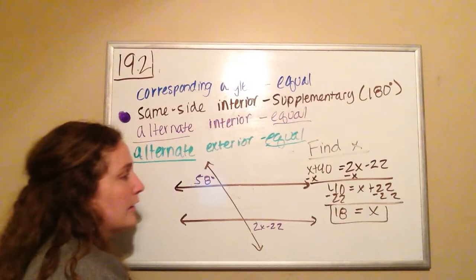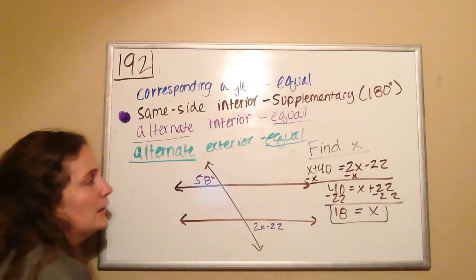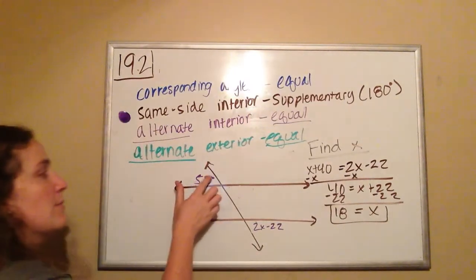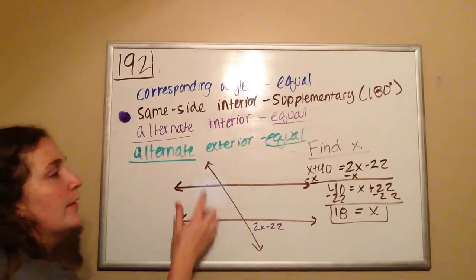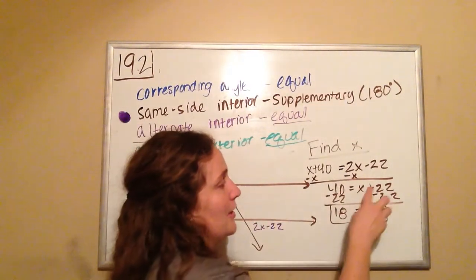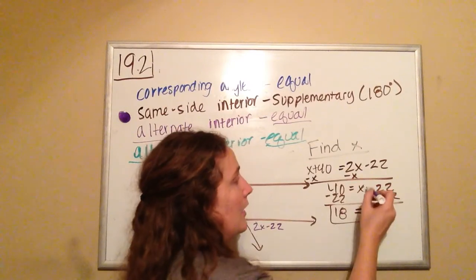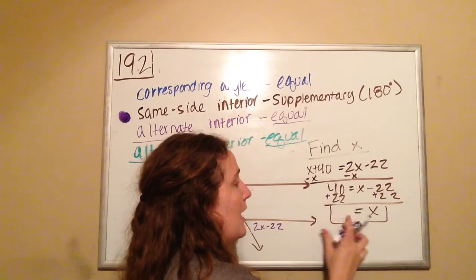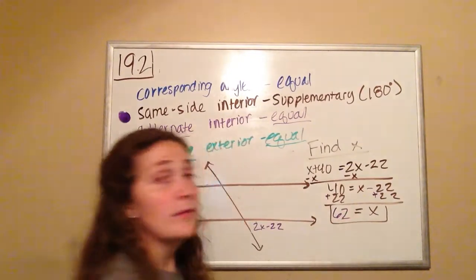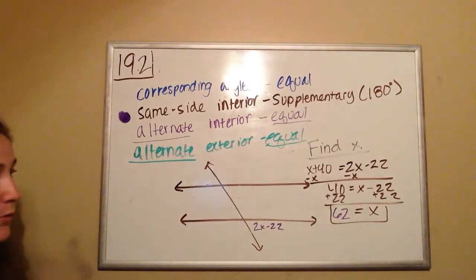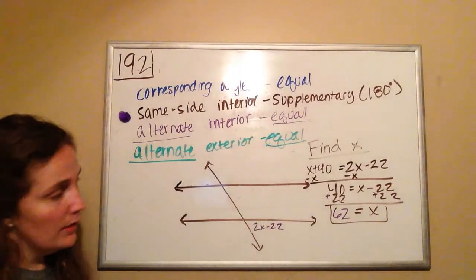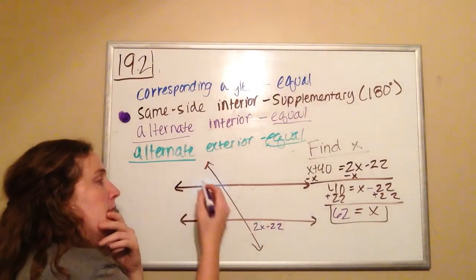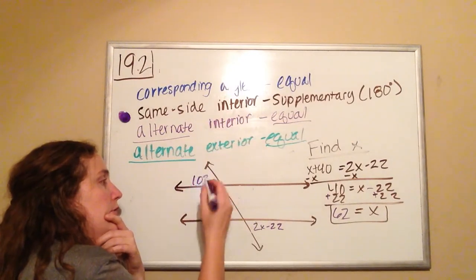Which we don't. Good thing I'm checking myself because I got the answer wrong. If we set this equal, this should still be subtraction, which means that we're going to add to both sides, which means that we get x is equal to 62. Completely my fault. So when we plug 62 into here, we get 62 plus 40 is 102.